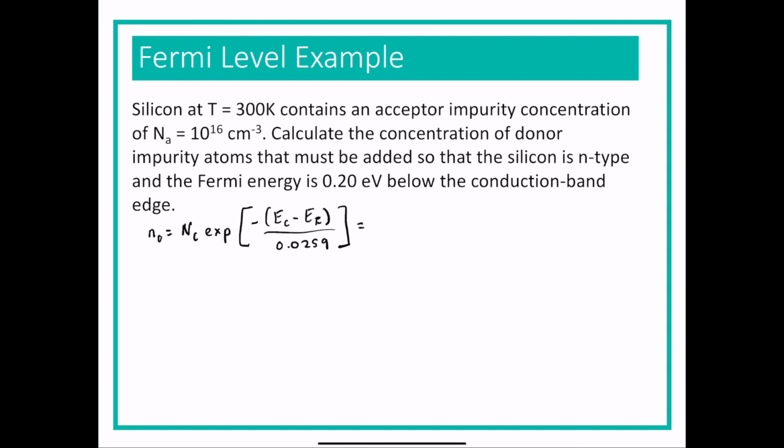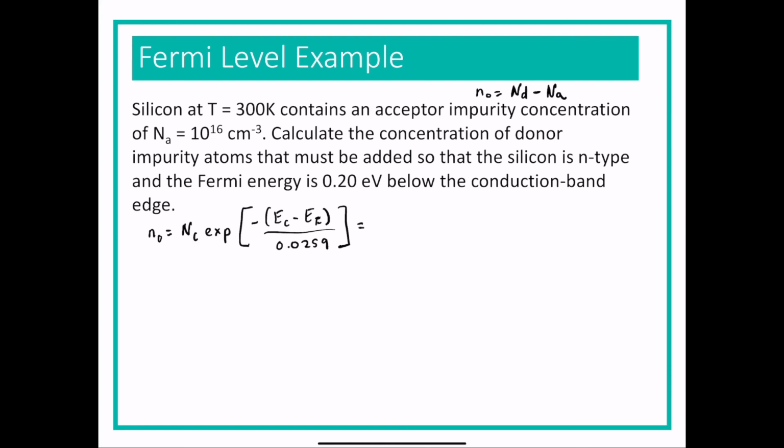So we can figure out the number of electrons that we need, and then we also know that because this will be compensated material, the actual number of electrons here is going to be how many we add minus how many we had. So the donors minus acceptors is going to equal the number of electrons pretty much.